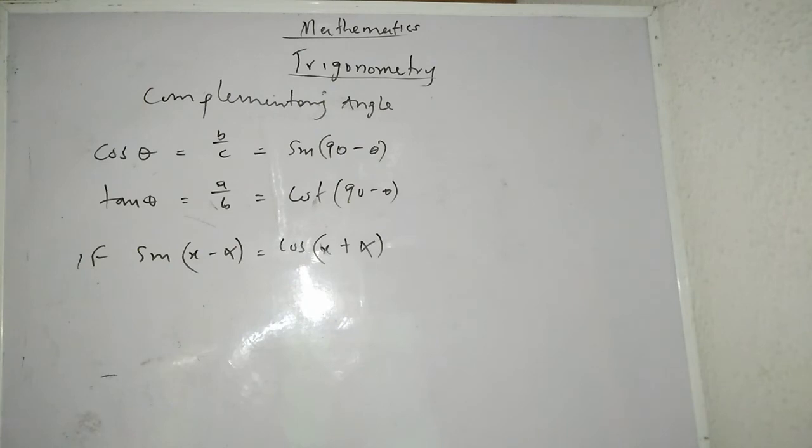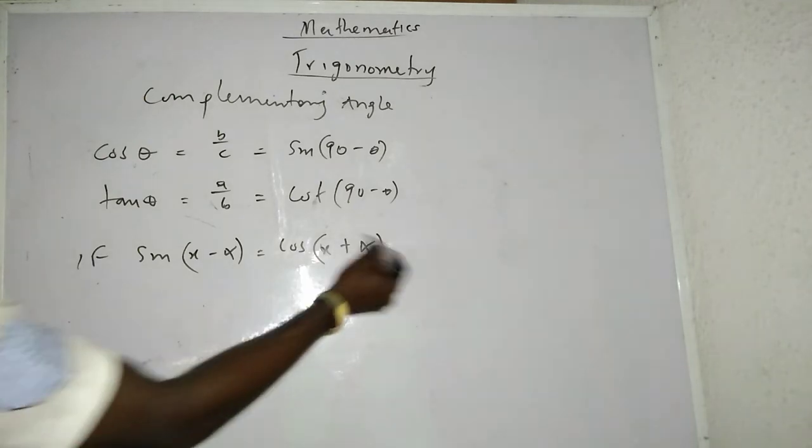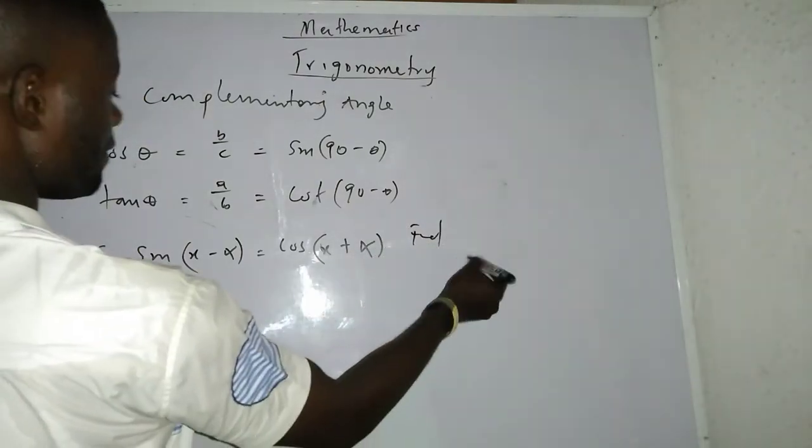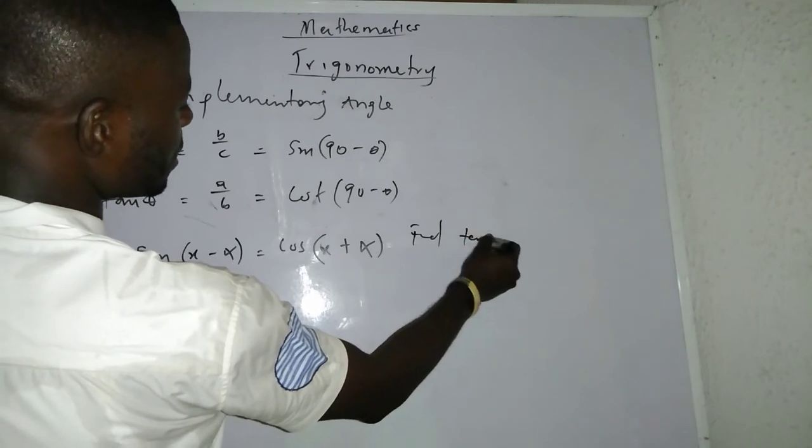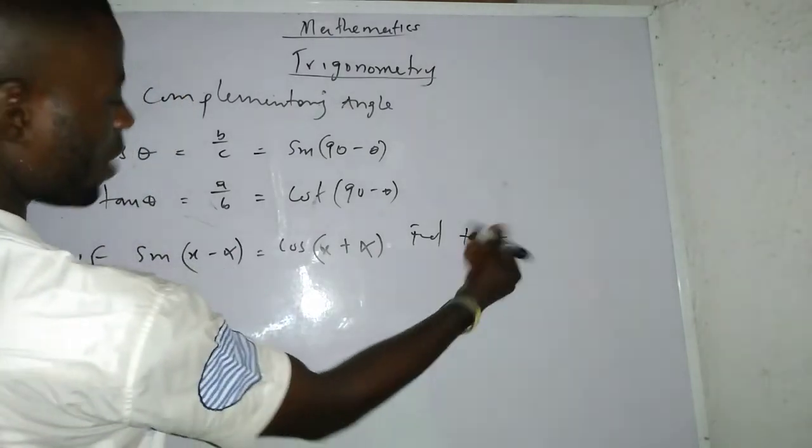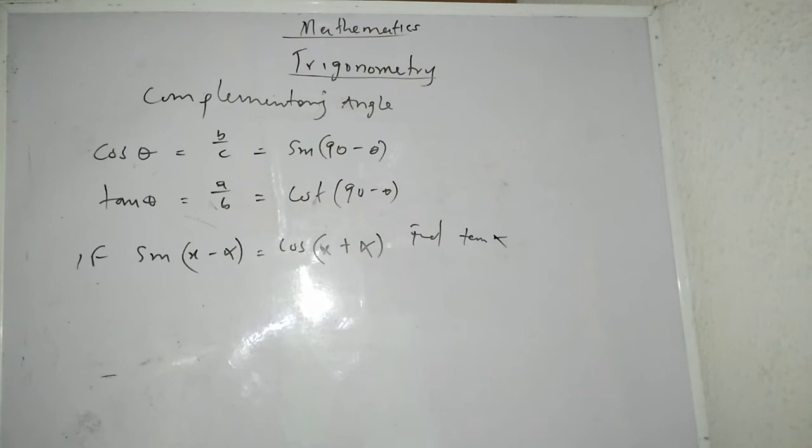We want to find x, or find tan alpha. Our alpha is an angle.